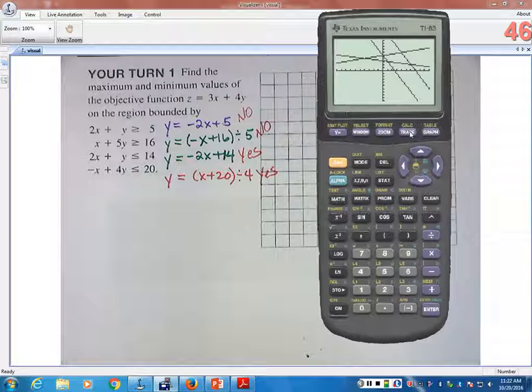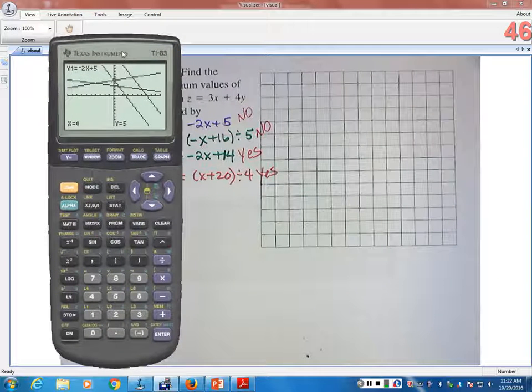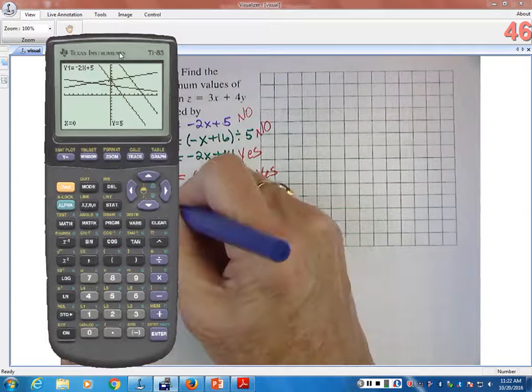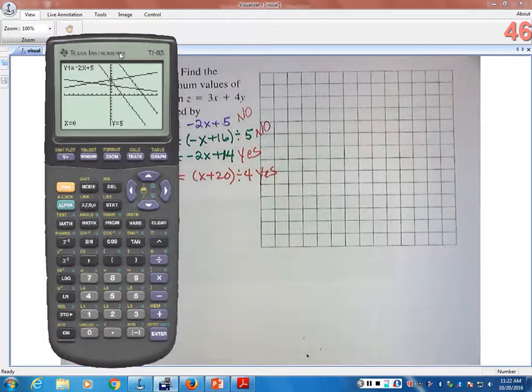So I'm going to hit my trace button so I can tell which ones are which, and I'm going to use this calculator to help me sketch that region. And I'm not going to be perfect on my points.